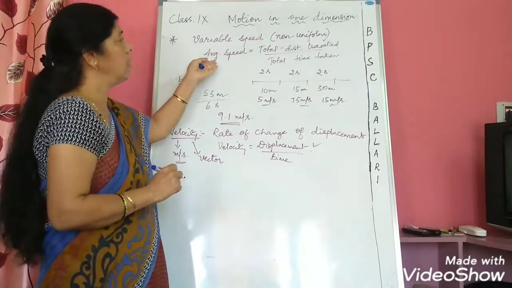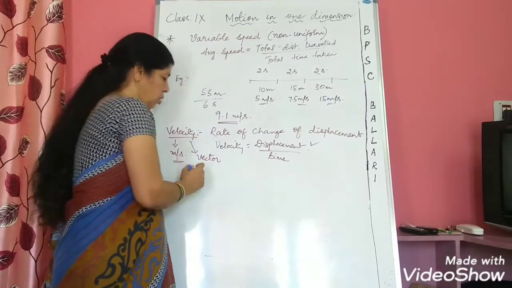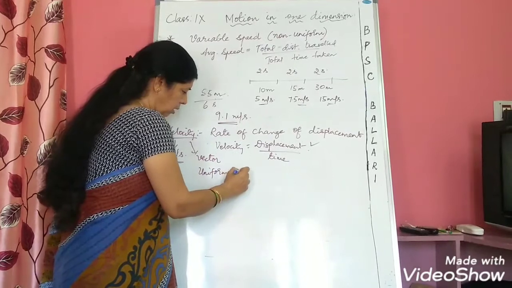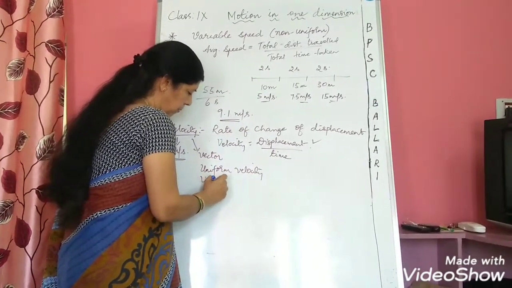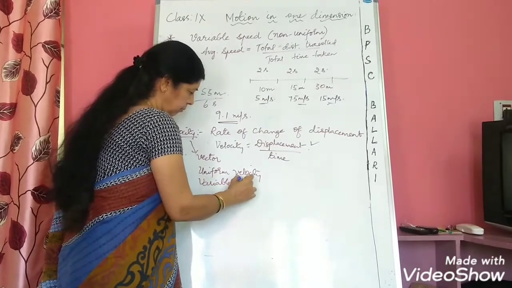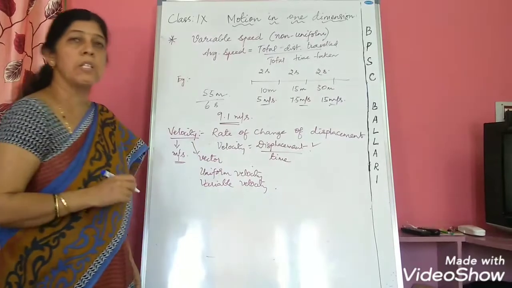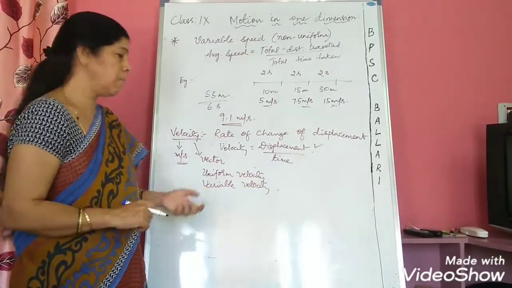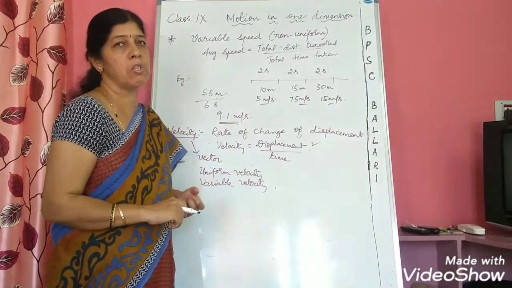Now as I have told you about the various types of speed, even in velocity you have uniform velocity and variable velocity. Uniform velocity means what? The velocity will remain constant, meaning the body will have equal displacement in equal intervals of time.